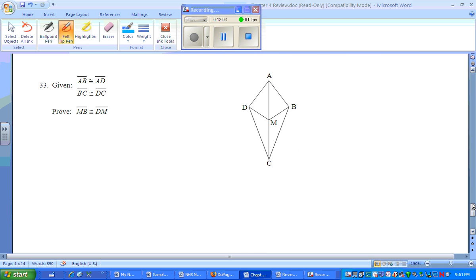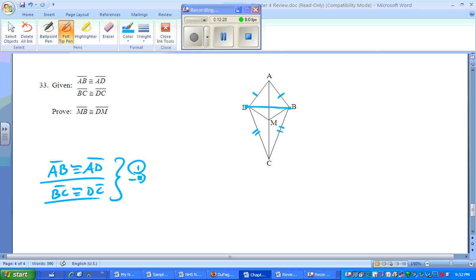And then there's 33. These two, AB congruent to AD, DC congruent to there, which means that this is a perpendicular bisector. These 2 points are stationary, which makes DM congruent to there. What does this proof look like? AB is congruent to AD. BC is congruent to DC.